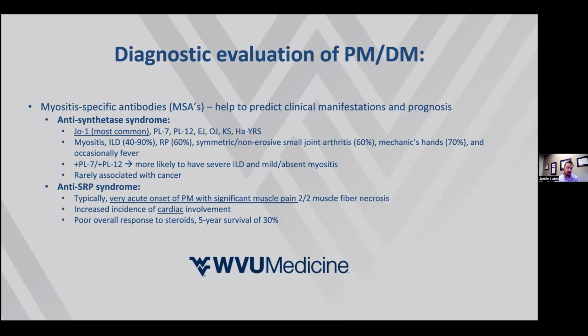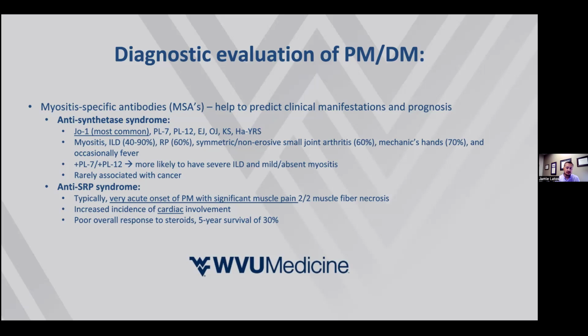So PL7 and PL12 antibodies tend to have associations with more aggressive interstitial lung disease, but actually less of a myositis burden. And Jo-1 in general, or anti-synthetase syndrome in general, those antibodies are less likely to be associated with a malignancy. SRP is another one of the antibodies that can be associated with a more acute onset of an aggressive muscle attack.